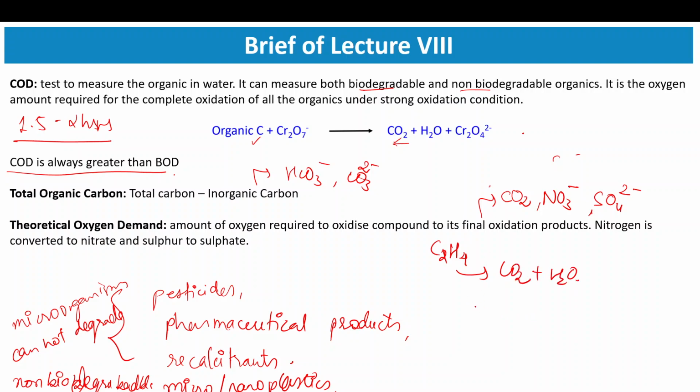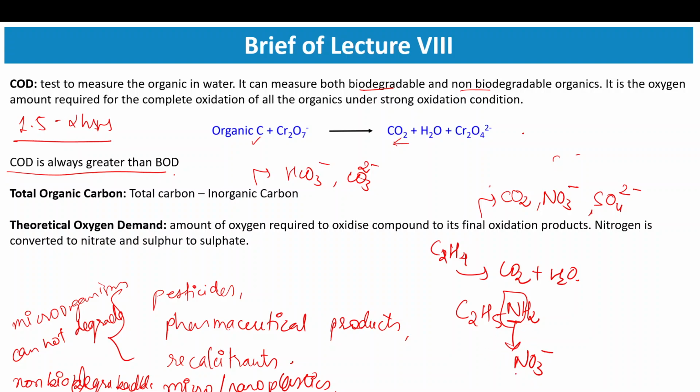Now let's say you have a compound which has C2H5 and nitrogen. Now this nitrogen is to be converted into NO3-. If it is already nitrate, then further oxidation is not required, right?